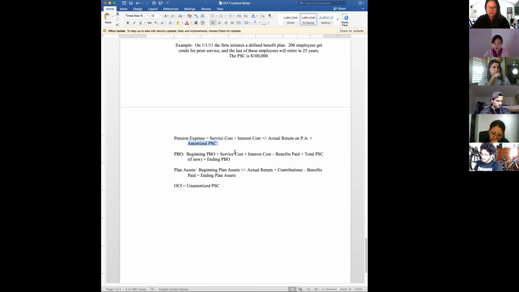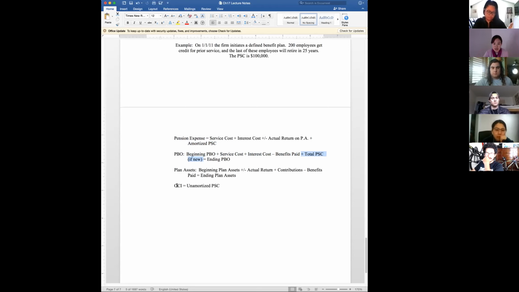Another thing that prior service cost affects is the PBO. Earlier, we only had this much. Now with the new prior service cost, in the first year that it is calculated, we include the total prior service cost in the PBO balance, and that will be it, because the lump sum or big amount can only be calculated once when we first adopt it.